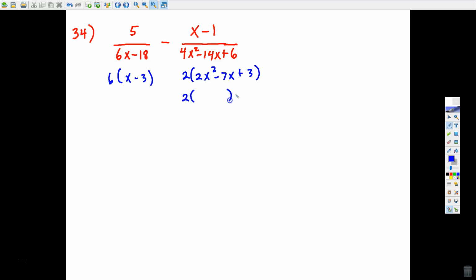Now I'm going to keep factoring this right denominator using 2 linear binomials multiplied together. So the factoring helps me see the lowest common denominator, and it's going to be 6 times x minus 3 times 2x minus 1.